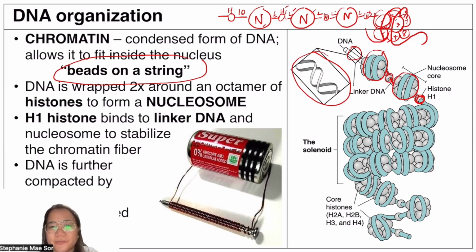Ang tawag naman dun sa supercoil na yun is your solenoid. So, I don't know if you ever had this experiment during your high school or kung nag-STEM kayo, yung gumagawa ng electromagnet, di ba? If you have a nail, tapos babalutan mo siya ng alambre, and then yung alambre, idedikit mo sa battery, you form a magnet.